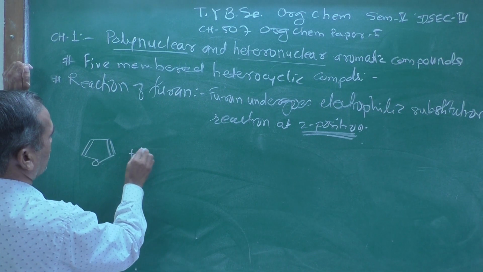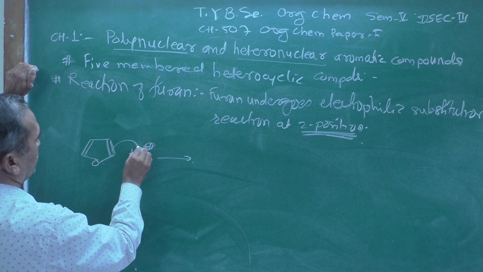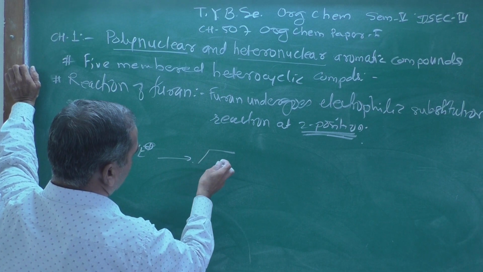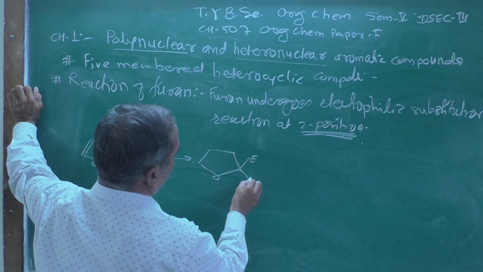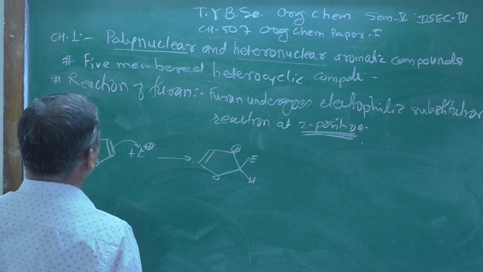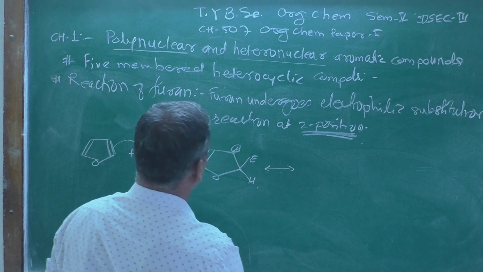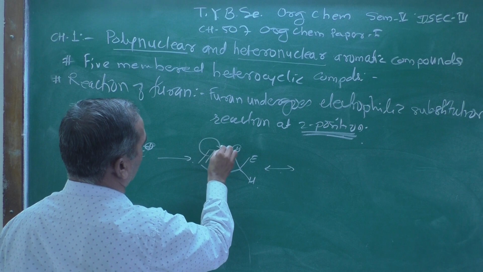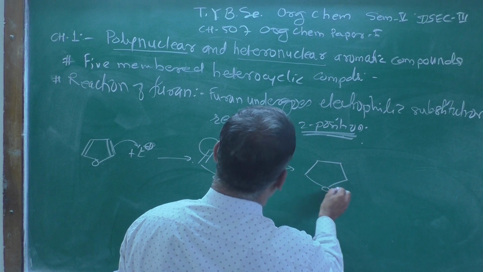So this is furan and the electrophile. Suppose when it is attacking over there, you are going to get the oxygen atom here. Here is the electrophile, the hydrogen atom, the positive charge over here, and this double bond is here. Now for the resonating structure, when this double bond shifts from here to here, we can show the resonating structure over here.